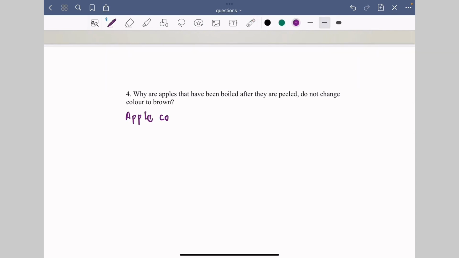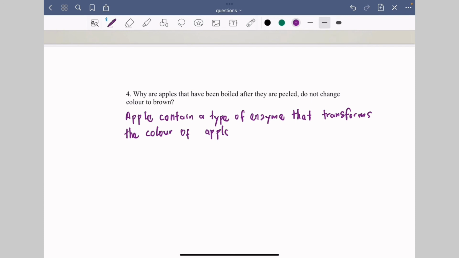Apple contains a type of enzyme that transforms the color of apple tissue to brown.